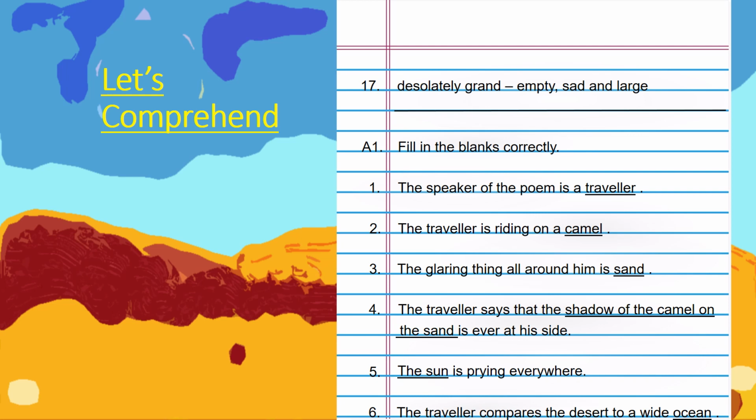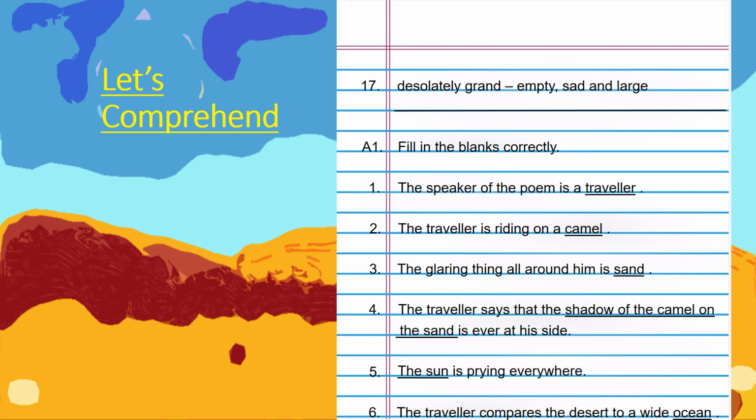Number 2. The traveler is riding on a camel. Number 3. The glaring thing all around him is sand. Number 4.